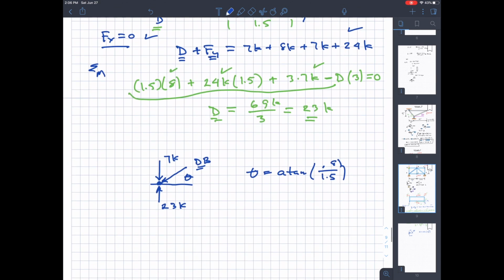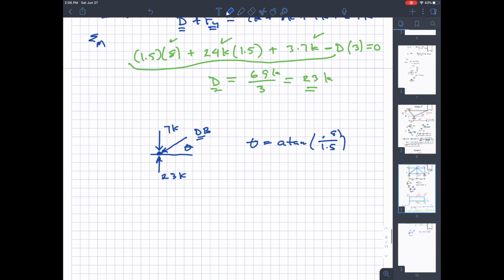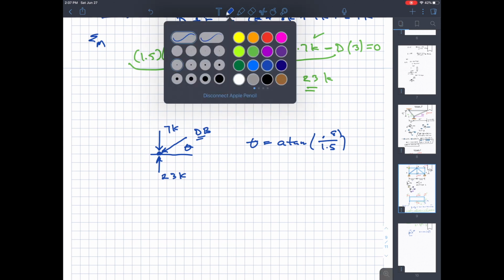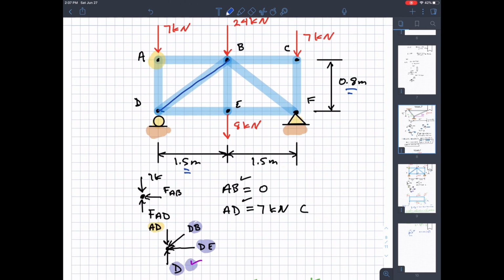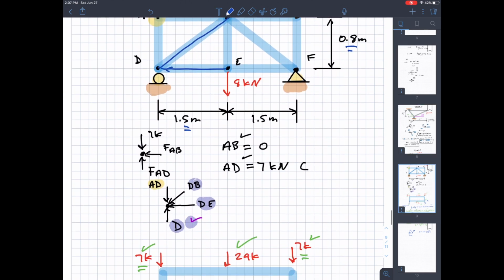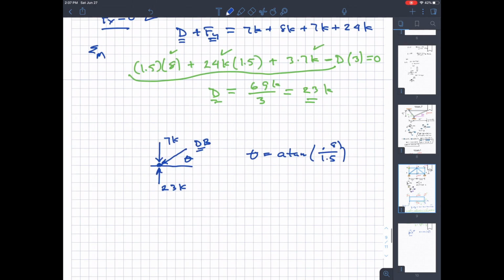I forgot a force. I forgot an angle. It was bothering me because there was no opposing x direction force other than DB. I forgot DE. DE moves this way. So I have this force DE.